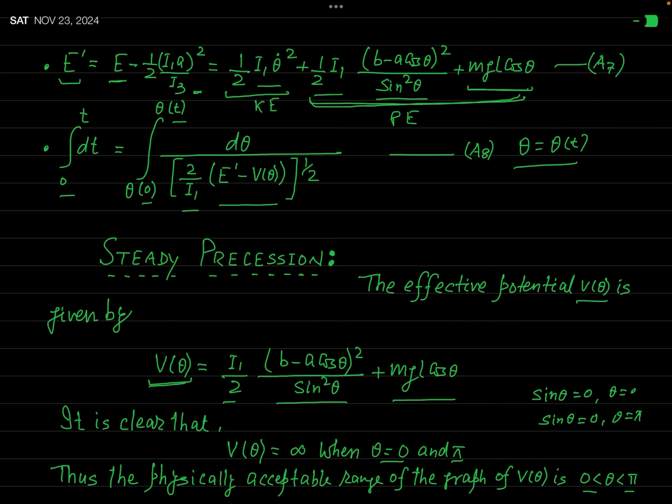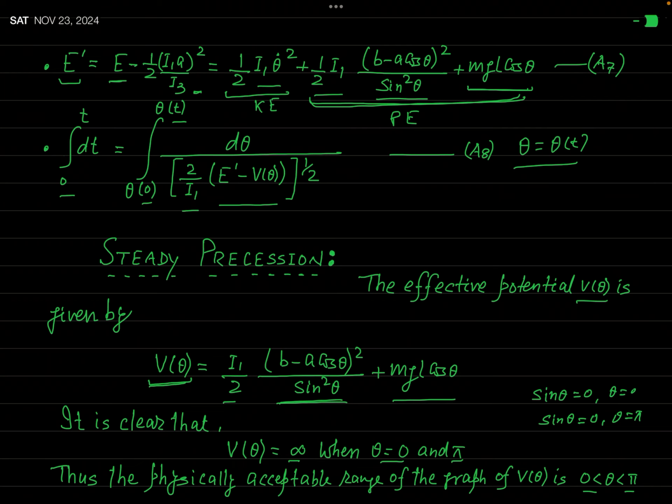If you put 0 in place of sin squared theta, then your result for V of theta will be undefined, infinite, because after dividing by 0 the result becomes undefined. So for the physically accepted solution, when we plot V against theta, you see that V is infinity at theta equal to 0 and theta equal to pi.